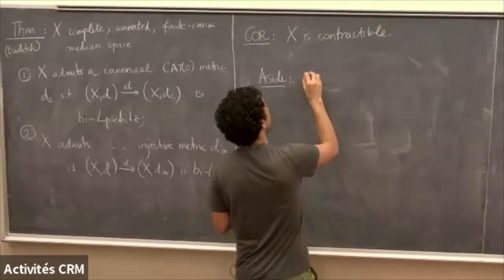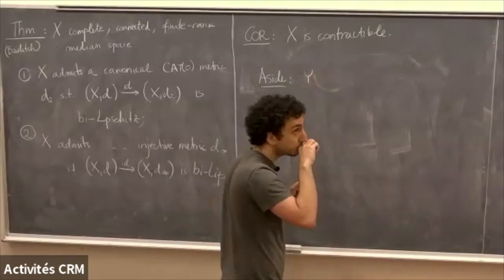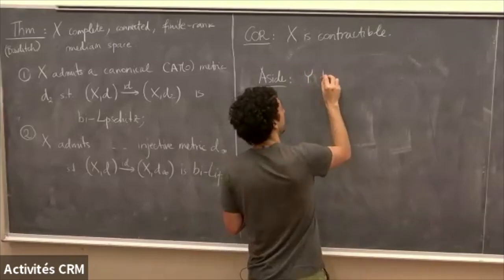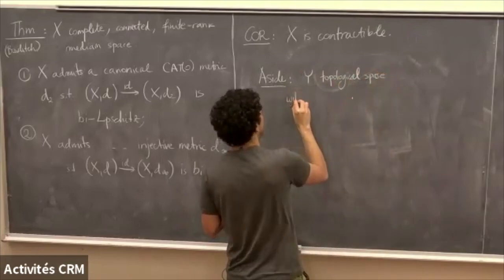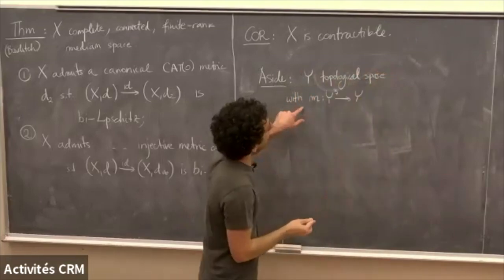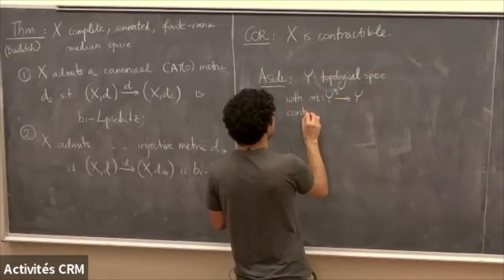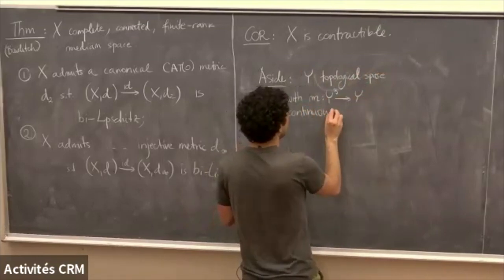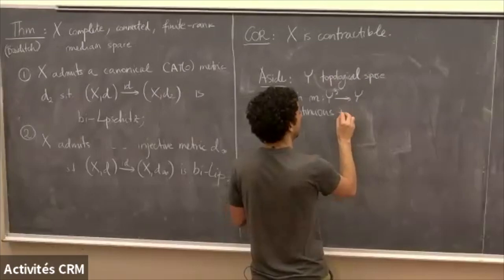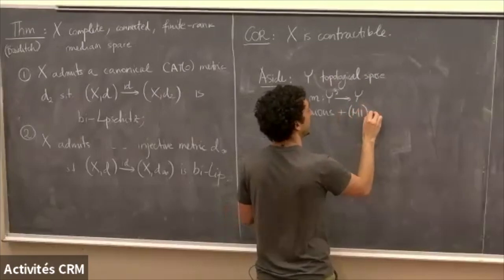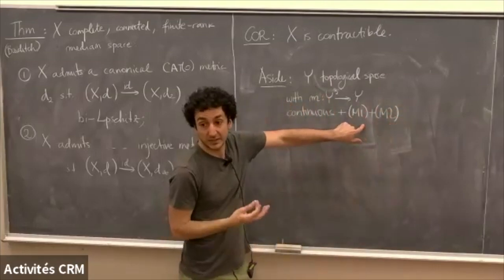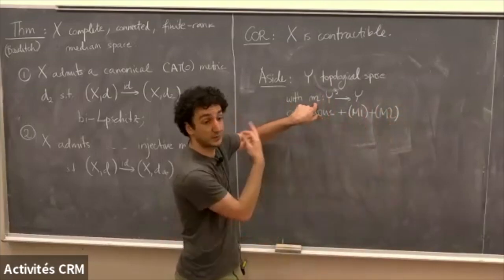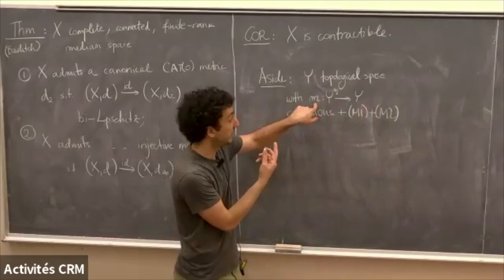So say that Y is just a topological space with a continuous ternary map M, satisfying the first 2 axioms in the definition of median algebra. These were the really simple ones. M1: M should be symmetric, if you permute the points, it should not vary.